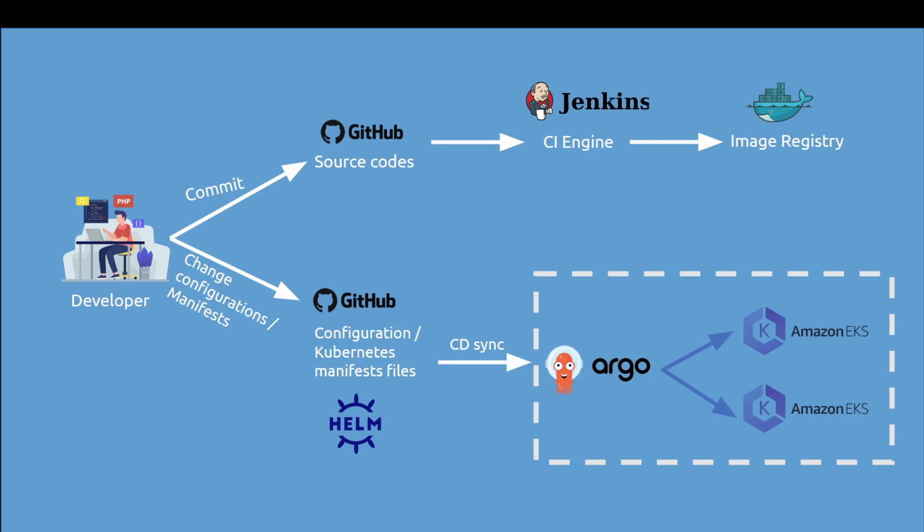Talking about Argo CD, it's a GitOps approach to continuous delivery for Kubernetes. It synchronizes the desired state of our application, as declared in the Git repository, with the actual state in our EKS cluster. This ensures that the configuration and versioning of our application are managed through Git, providing a robust and auditable deployment process.